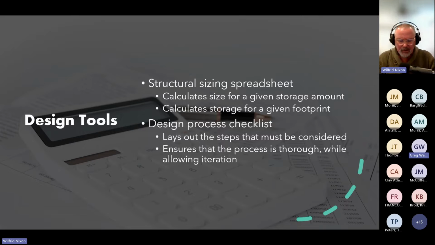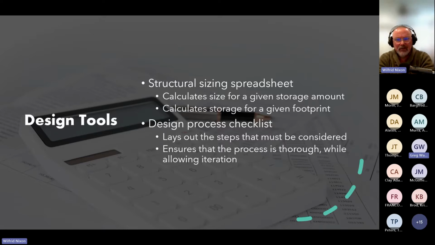We use that information to develop the two design tools that are the products of this project. The first was a structural sizing spreadsheet, which works in two ways.